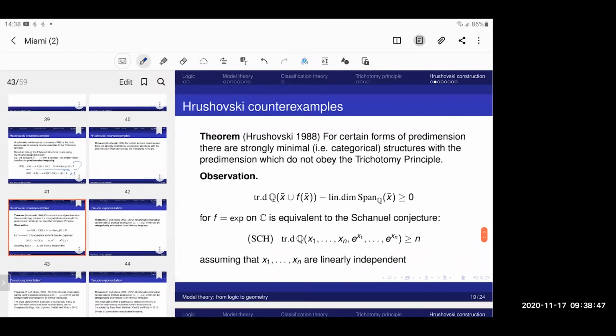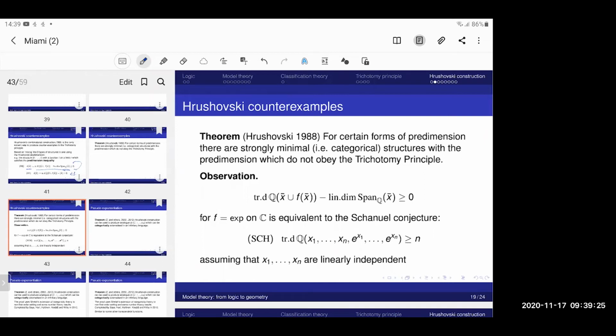Now, the observation that, well, maybe before we discuss this observation, I should tell you why it was such a fuss for us, because trichotomy suggests that everything is so nice in classification theory, and we have some leading idea about this trichotomy principle.